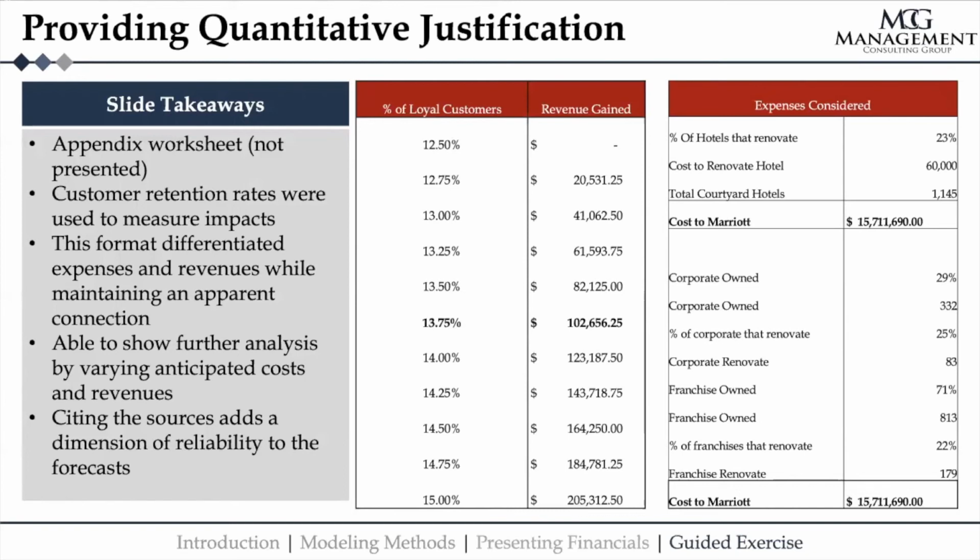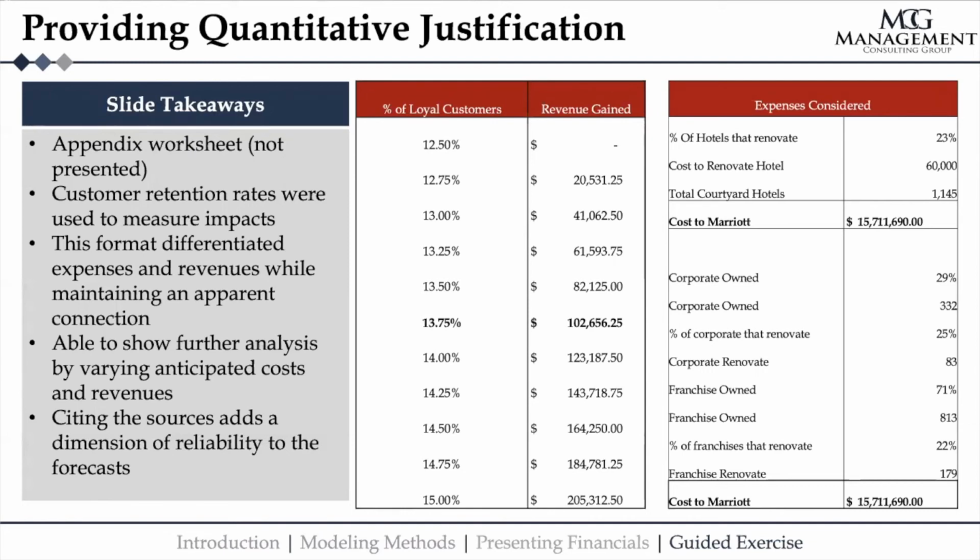So also something that we took a look at is the customer retention rates used to measure impacts. As I mentioned a couple of minutes ago, this is not necessarily something that is a revenue-driven recommendation. However, we can tell that this will bring in some sort of revenue because there will be a percentage of loyal customers gained as a result.